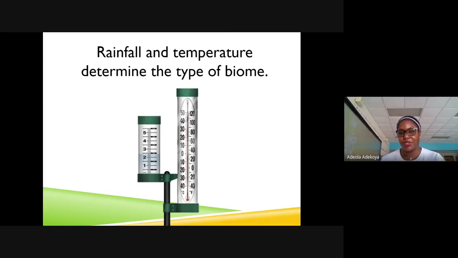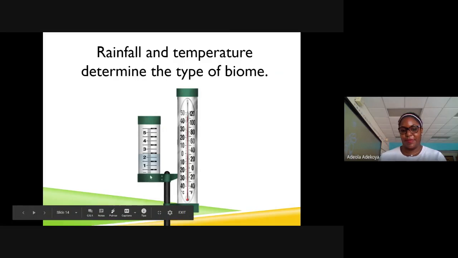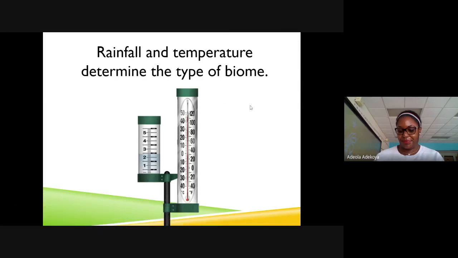If I do a word search with temp, that means heat. So two important factors, rainfall and temperature.